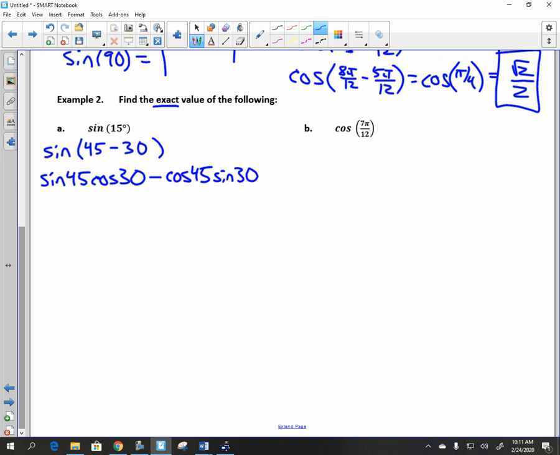Well, I need to know the terminal point for 45 degrees. And you've already determined the terminal point for 45 degrees is root of 2 over 2, root of 2 over 2, right? How about the terminal point for 30 degrees?